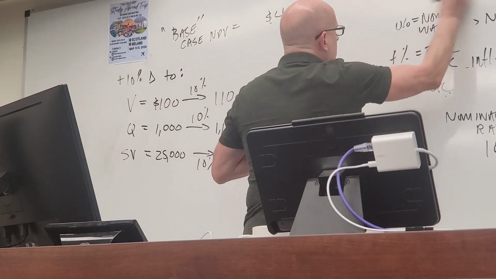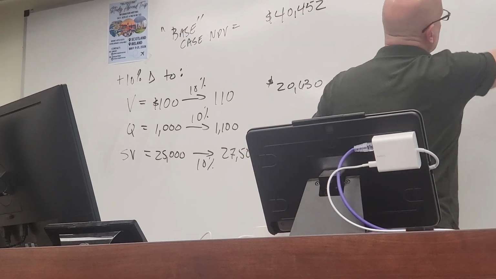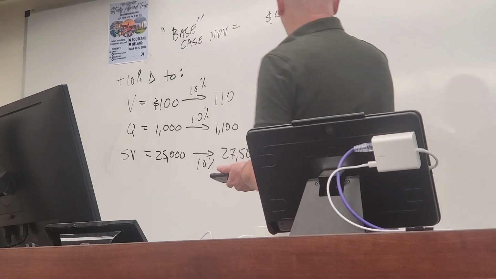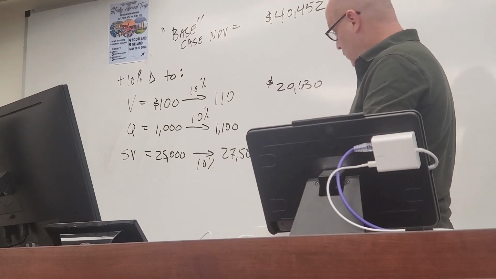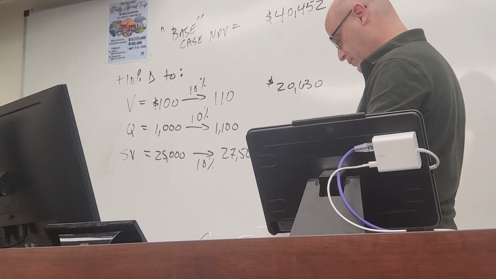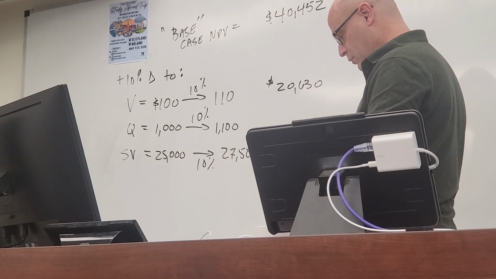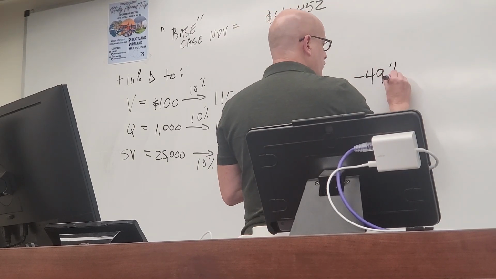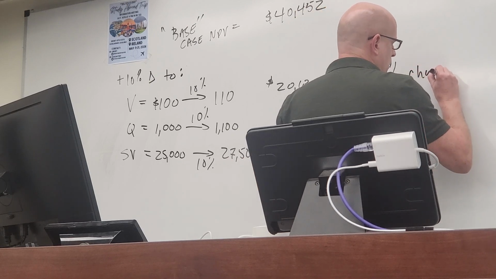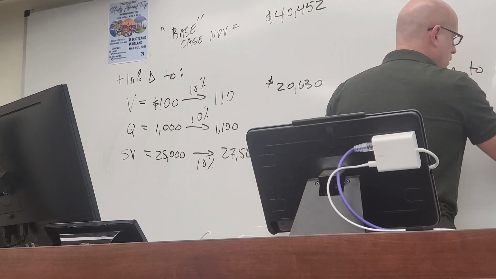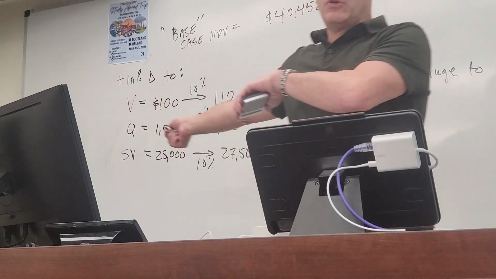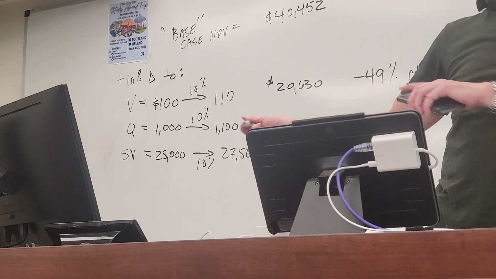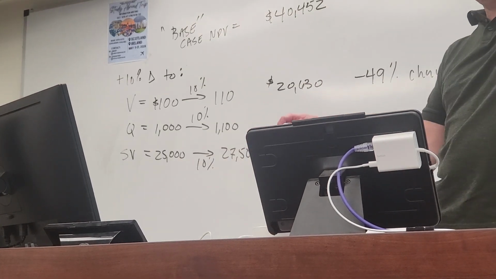In fact, by how much lower? It was 20,630 relative to 40,452. It is now minus 49% change. A 10% increase in cost reduces NPV by 49%. You see how sensitive NPV is to that one change, okay?